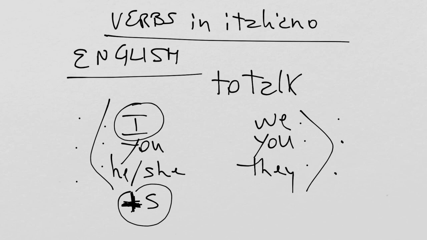If we didn't use the pronouns I, we, whatever, we would not know who is doing the talking. Talk could be any of five possible subjects. So in order to avoid confusion and misunderstandings, it is obligatory to use the pronoun in front of the verb.